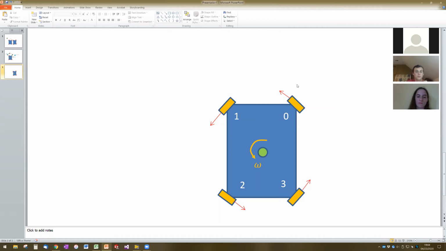So this is a question for Adam. How do you think the behavior would change if the swerve drive was on a smaller robot, if the wheel was closer to the center versus if the wheel was very far away from the center? What do you think, Adam?